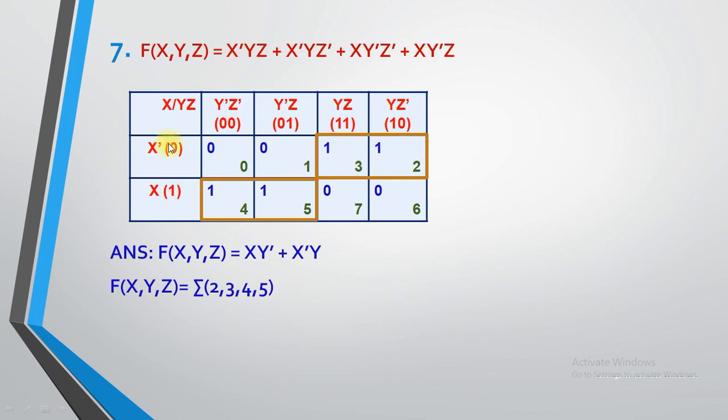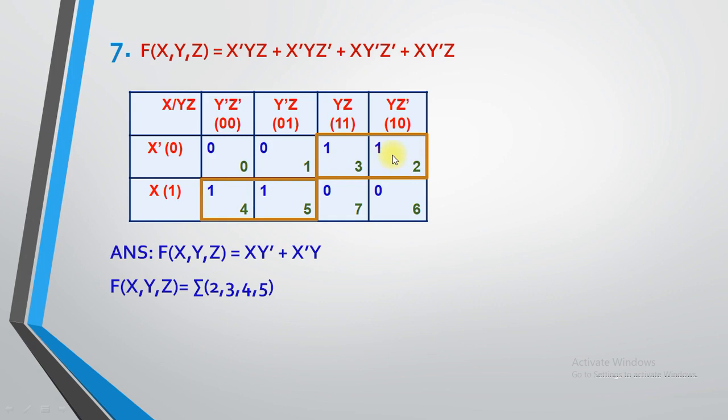So this is called x dash. Now next combination is yz. So yz is over here. So in that column you need to write 1. Similarly, x dash y z dash, that means this particular cell. Again in that cell you need to write 1. Similarly for both this cell.